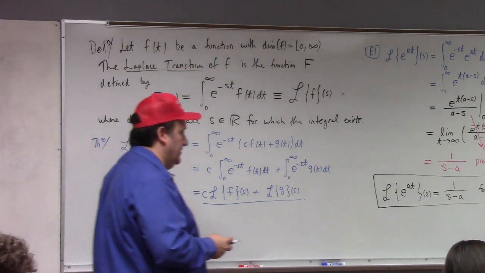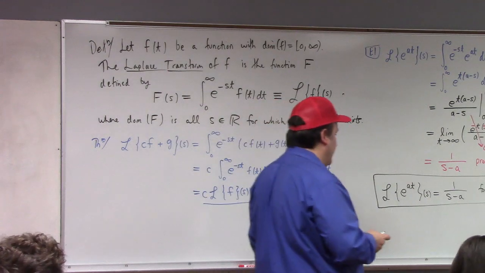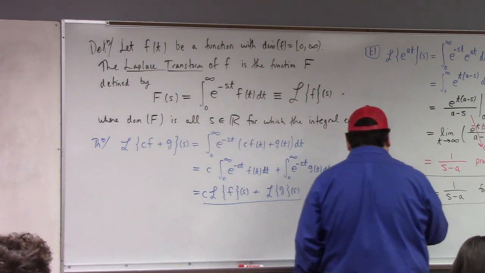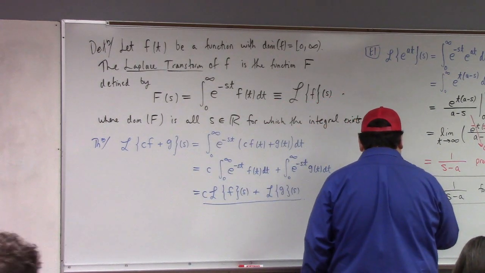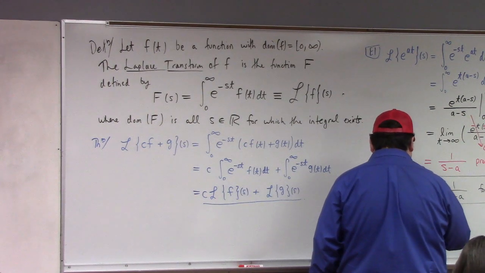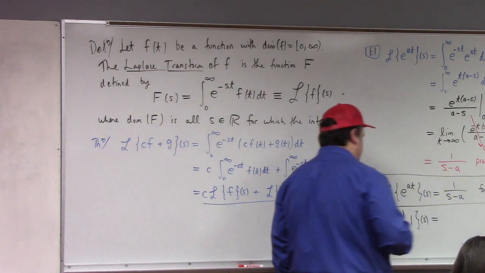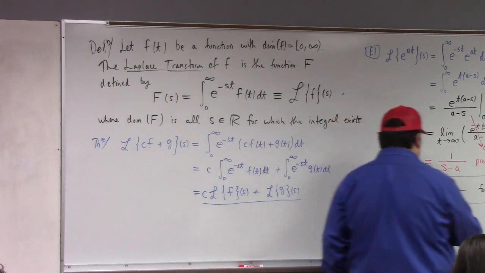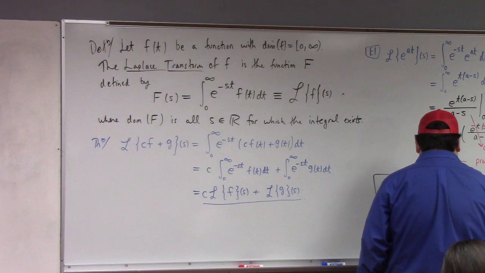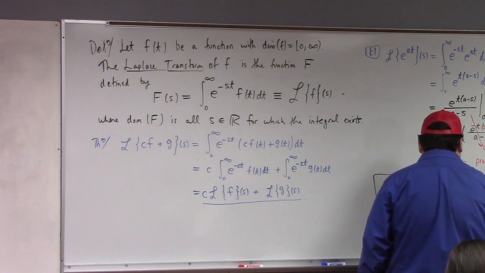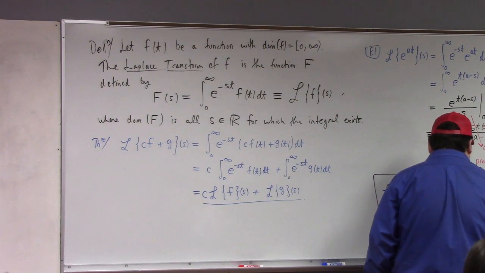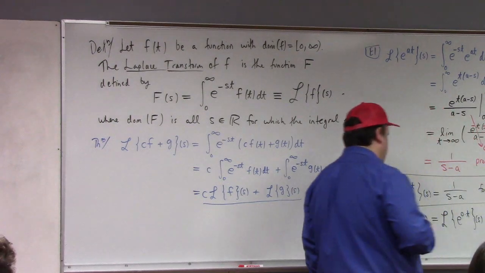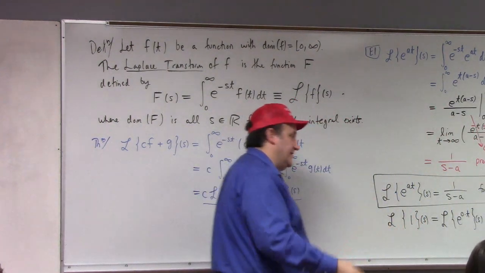And let's try to get the most mileage out of this we can. What's the Laplace transform of 1? Let me rewrite that somewhat suspiciously. That's the Laplace transform of e to the 0 times t, is it not? So 1 over s, that's right.